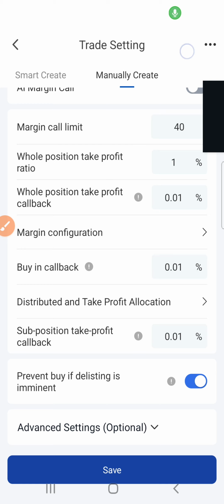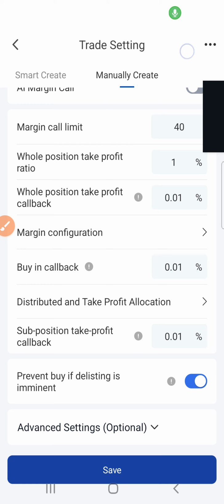When this market rises and reaches here, the robot will decide to sell depending on what you have put here on the callback. So when you put 0.01, it means the coin can pump and reach here where we are taking our 3% from.